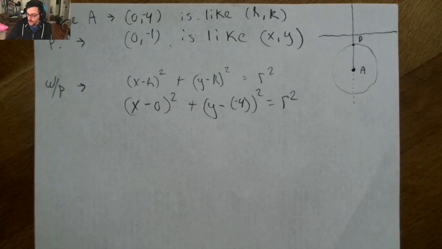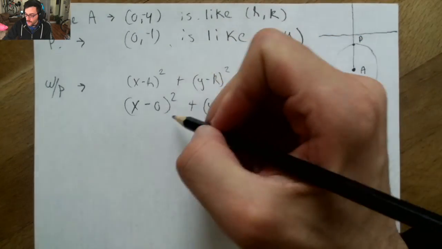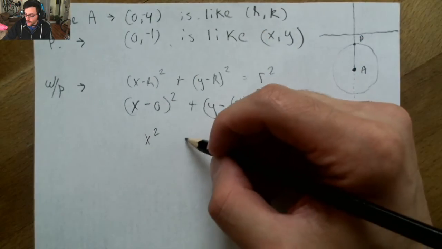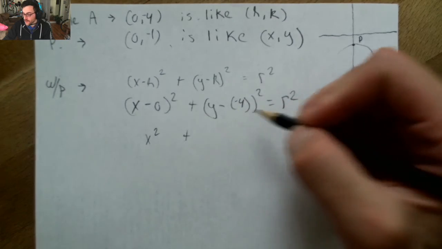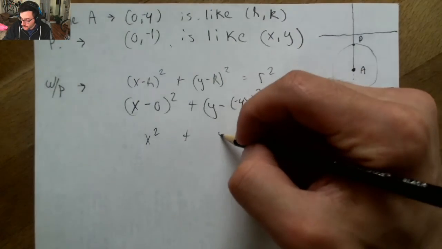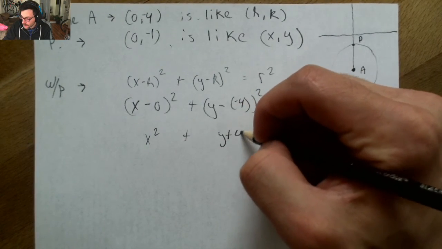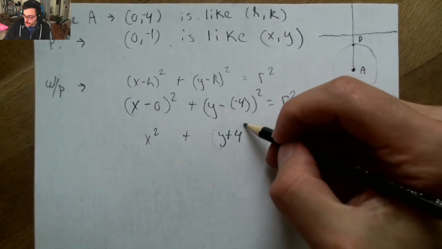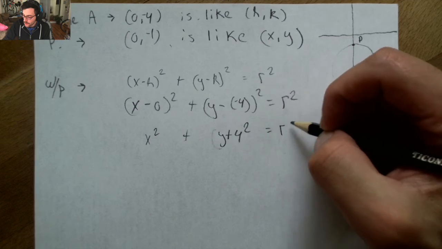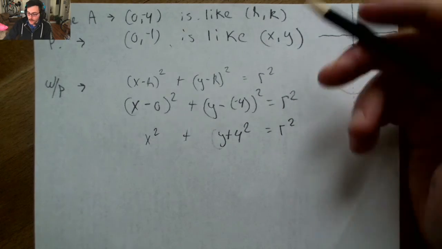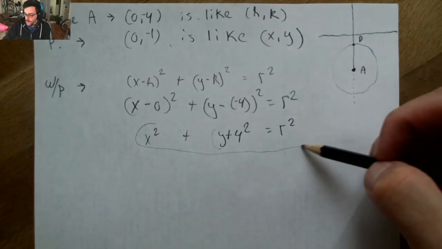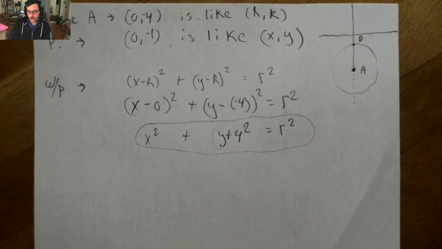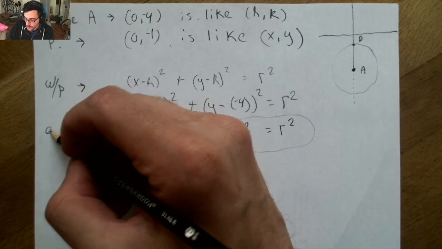If we simplify everything down here, x minus 0 is just x squared, y minus -4 is y plus 4, squared, equal to r squared. This right here is our y equals mx plus b variation of the equation of a circle.